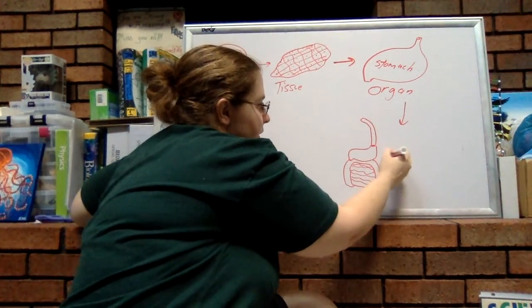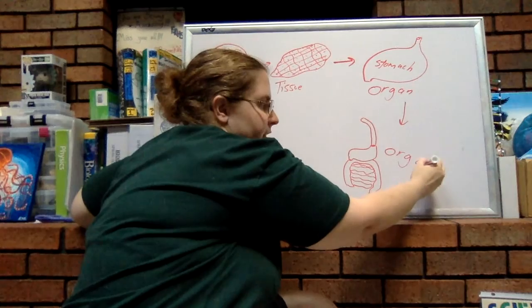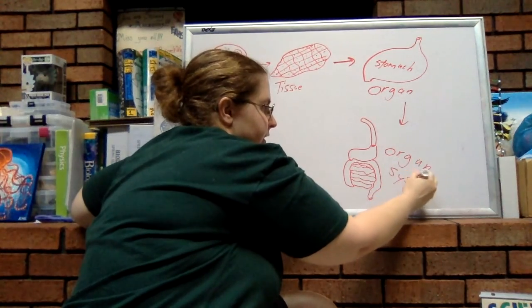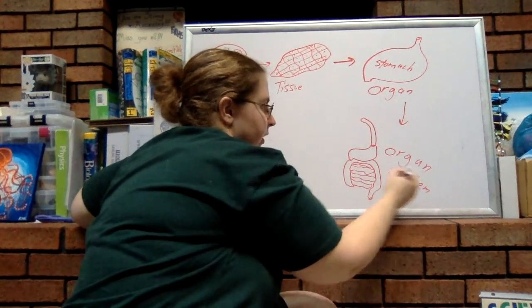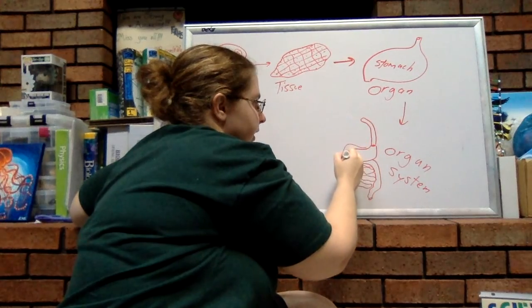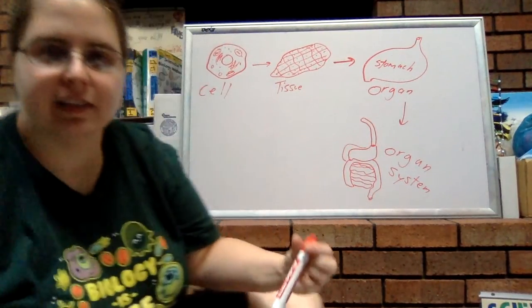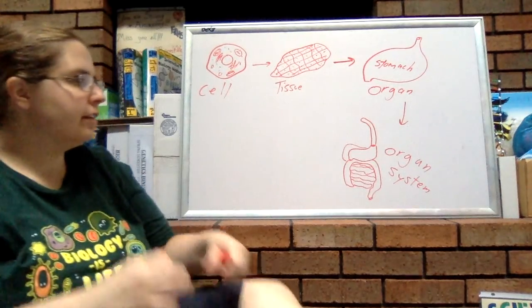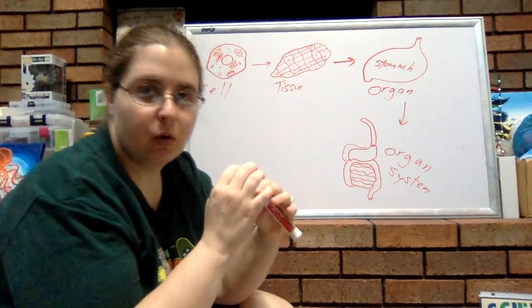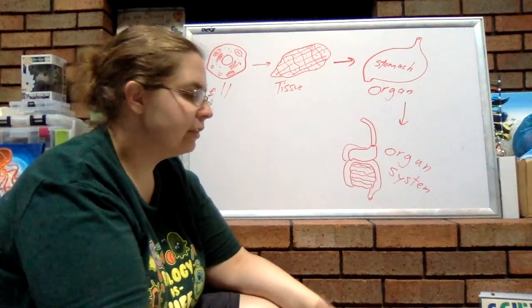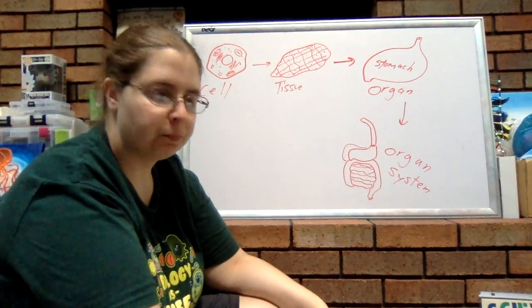All of these come together to make an organ system. There's also the liver in there, and the pancreas. So all of these individual organs are coming together to do one larger job.